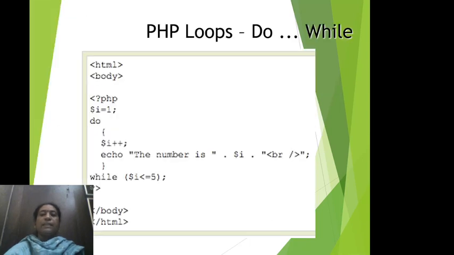Here I am giving some examples. For the do while, the declaration is $i equal to 1. In do, first we increment, and at least one time we execute the block. After that we check the condition, here i less than or equal to 5. If this condition is true, the loop will be executed, otherwise it comes to the end of the statement.